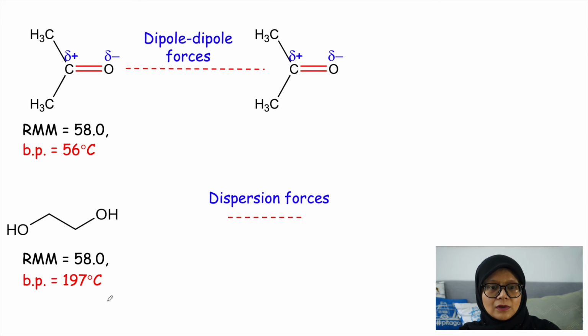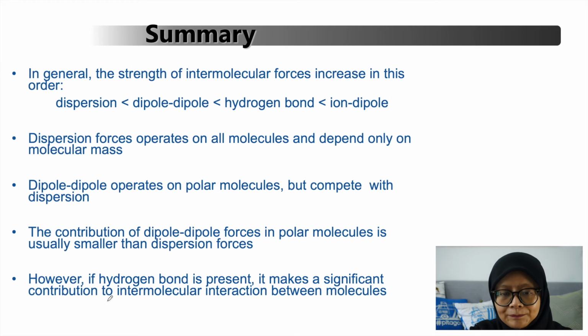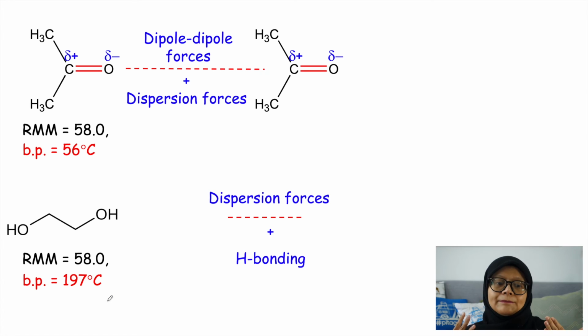But because of the presence of the hydrogen bond and also the London dispersion forces, ethylene glycol has a larger boiling point.